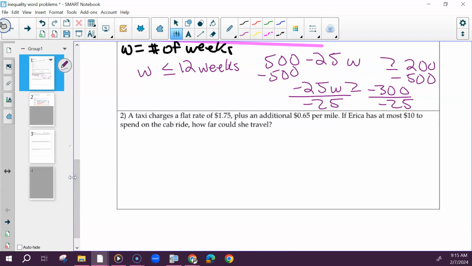A taxi charges a flat rate of $1.75 plus an additional 65 cents per mile. If Erica has at most $10 to spend on a cab ride, how far could she travel? What's important there?